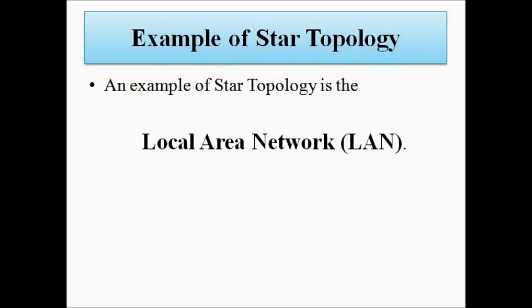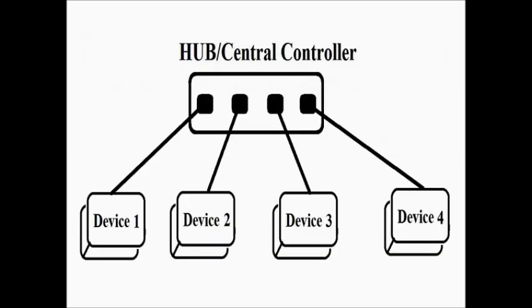Here is an example of a network using star topology. So here we have discussed some of the basic concepts related to star topology: the network representation, the advantages, disadvantages, and an example of it. In the remaining videos we'll discuss the other network topologies.